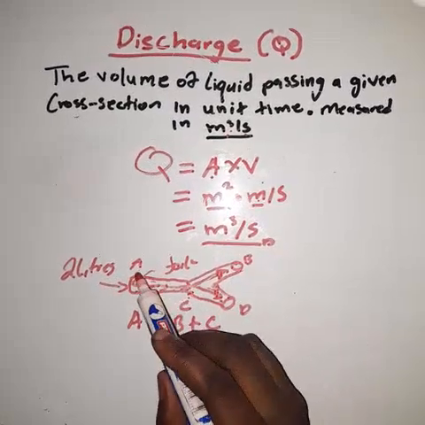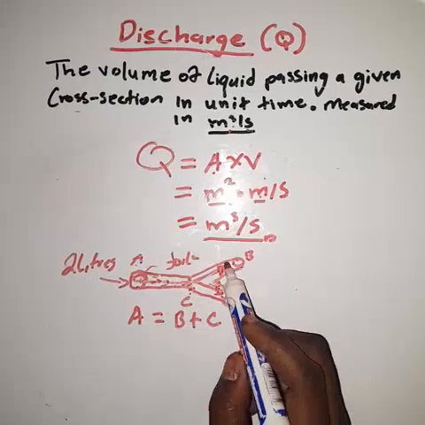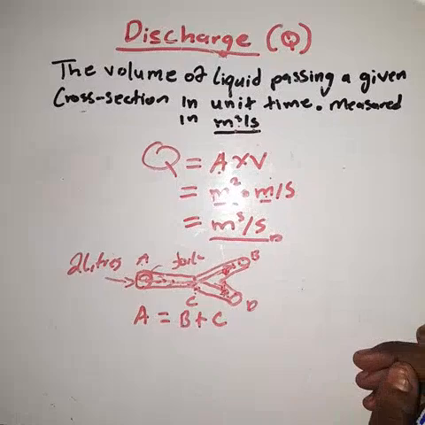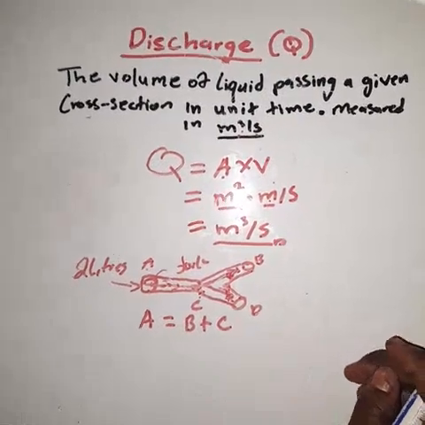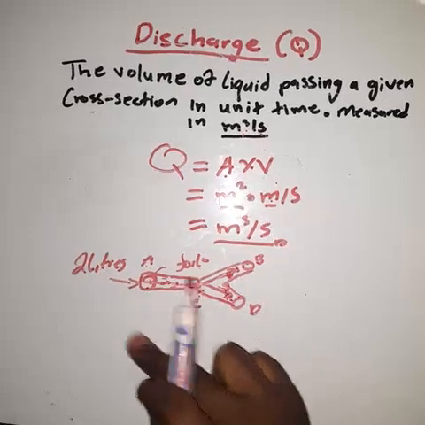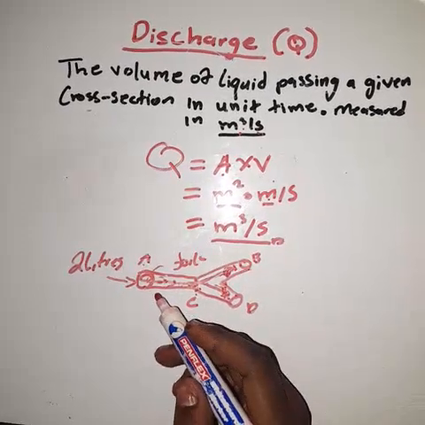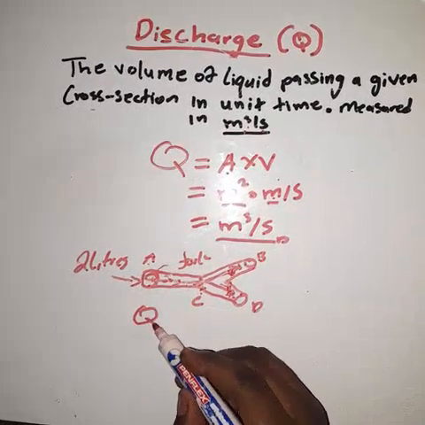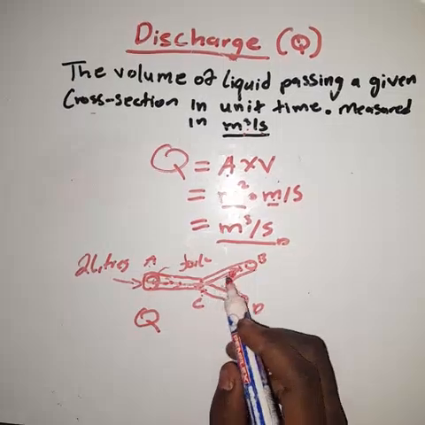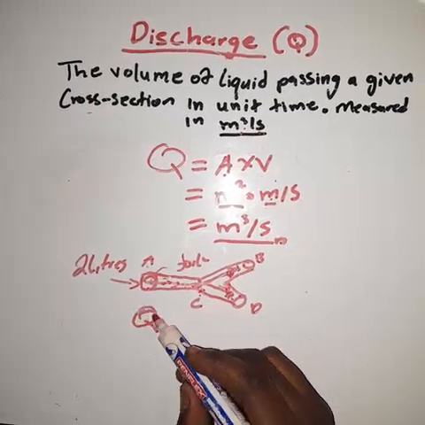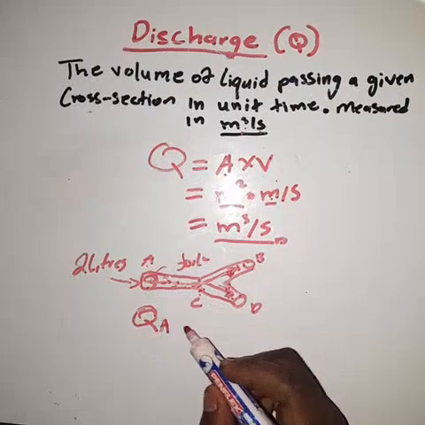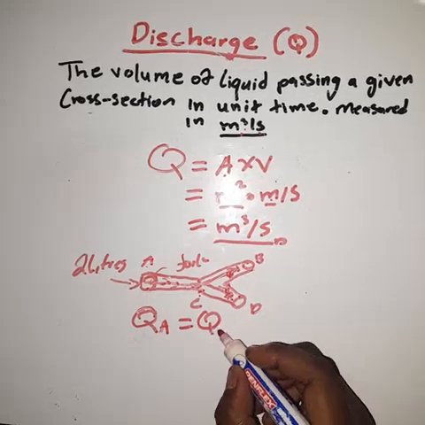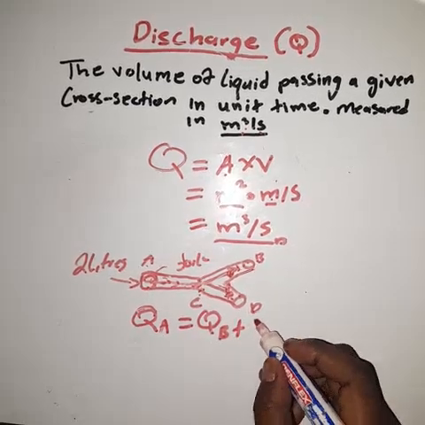If I want to know the water at A, I can sum these up if I'm given the quantity of this water. You see. So in other words, for this type of pipe, we can say the rate of flow at A must be equal to the sum of the rate of flow at B plus QD.